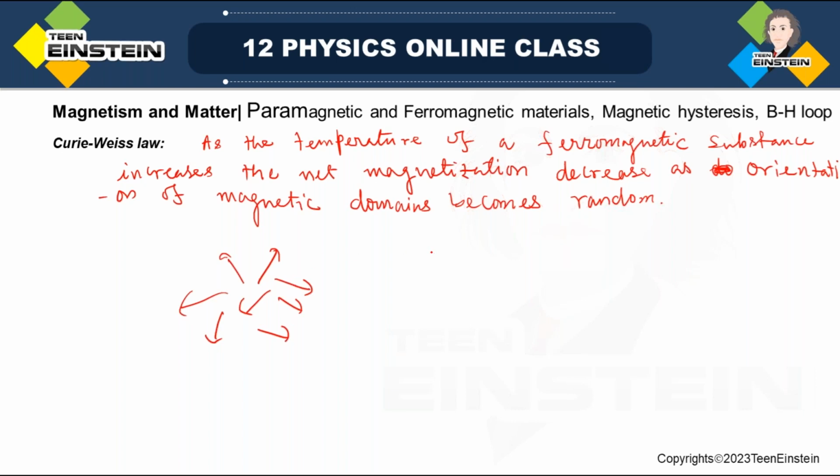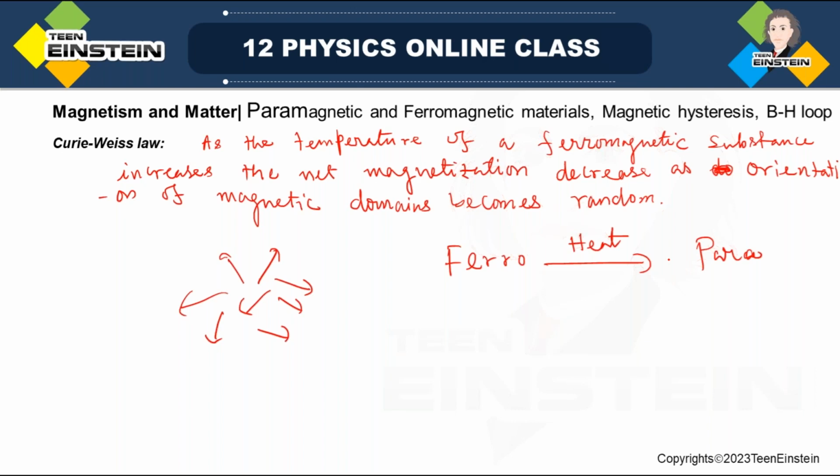So in this case also, ferro gets transformed to para. If you heat it, then ferro at higher temperature will become paramagnet.